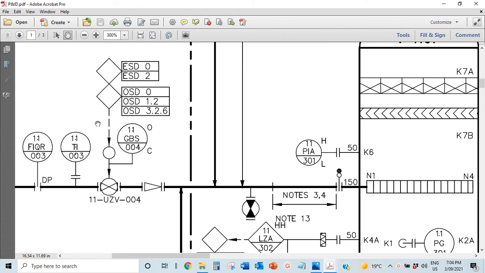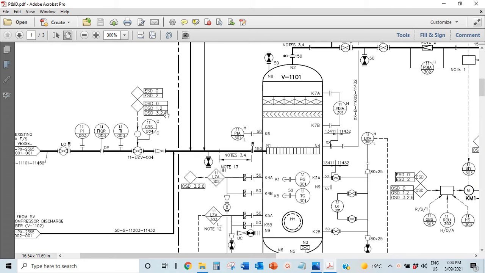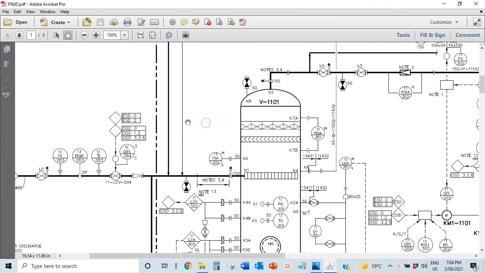Your shutdown valves get the signal from your fire and gas detectors, or from your control room or your shutdown system.